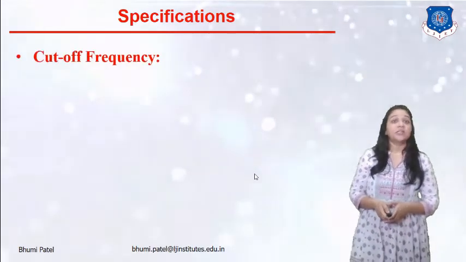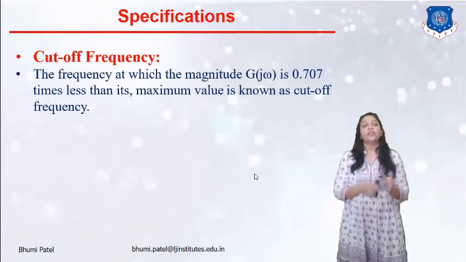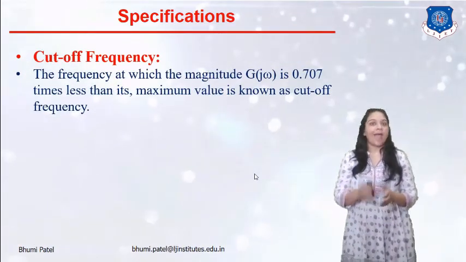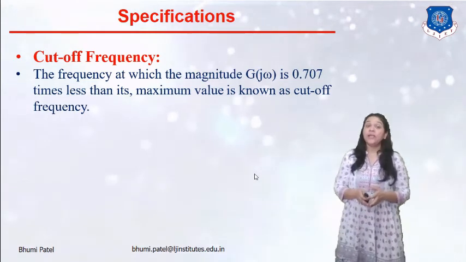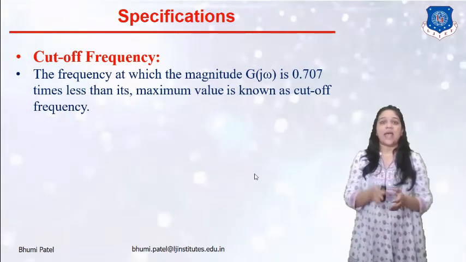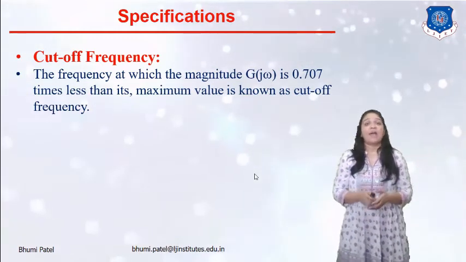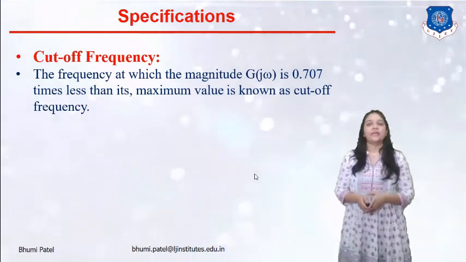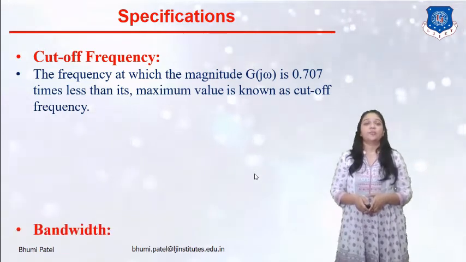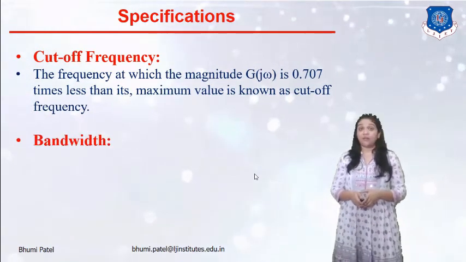The third one is the cutoff frequency. The frequency at which the magnitude of G(j omega) is 0.707 times its maximum value is known as the cutoff frequency of the system. Now what is the bandwidth?